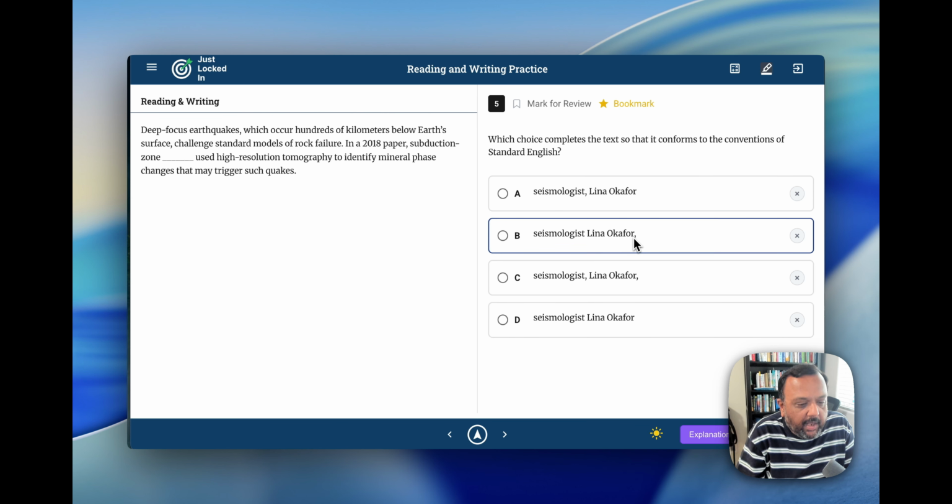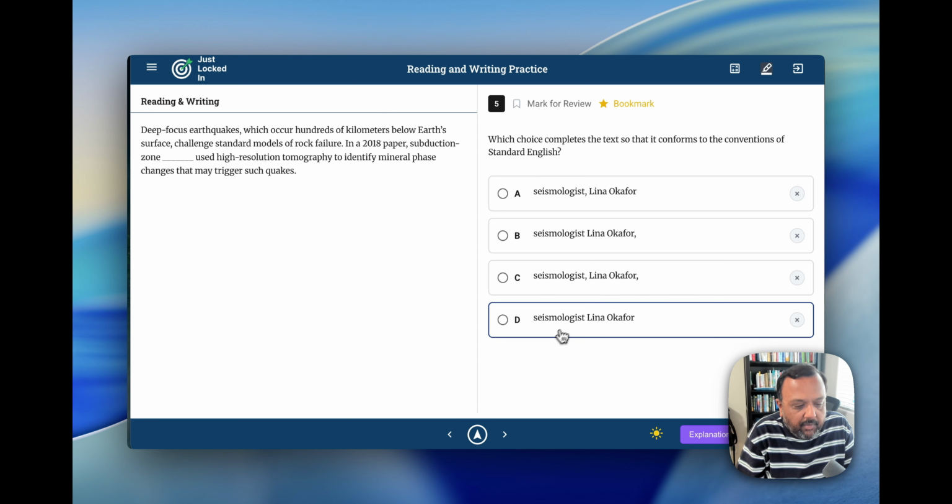Now the question is, should I have a comma after it? Subduction zone seismologist Lena Okafor used high resolution tomography. This is again a subject and a verb, so there can be no comma after Lena Okafor as well. Therefore, D is the correct answer.